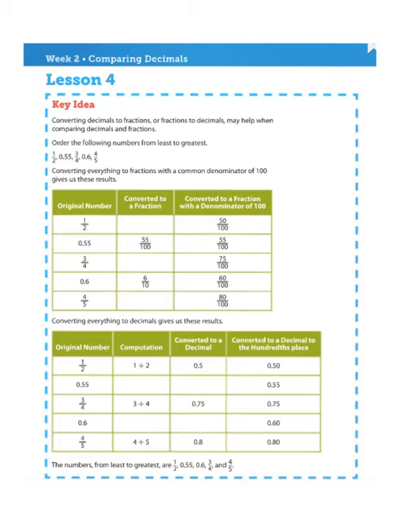It says converting everything to fractions with a common denominator of 100 gives us these results. So 1/2, when you convert it to a fraction with the denominator of 100, would be 50 over 100. 0.55 is going to be 55 over 100. 3/4 would be 75 over 100.